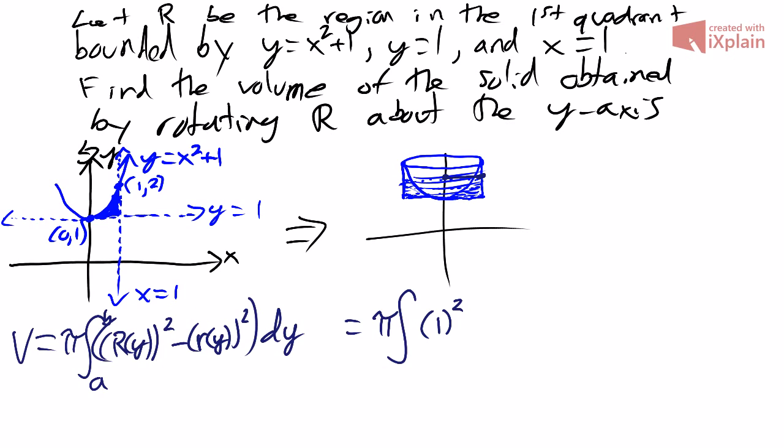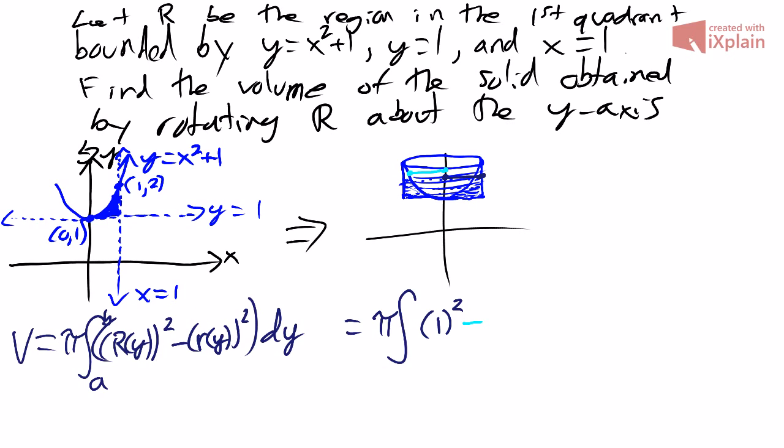Now the small radius is going to be from the axis of rotation to the inside curve. So that is given by the formula for that inside curve, and we need it in terms of y.